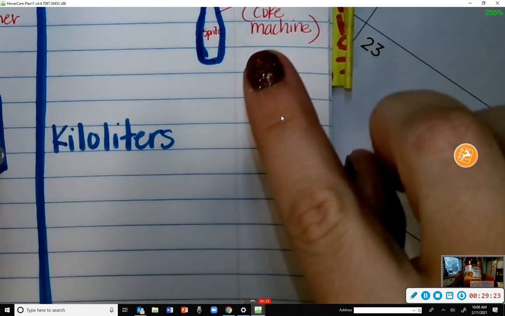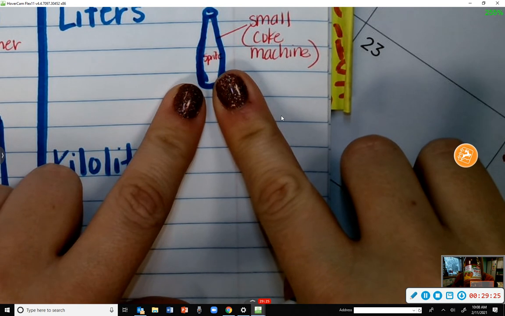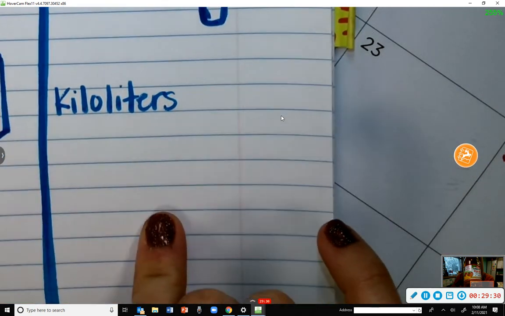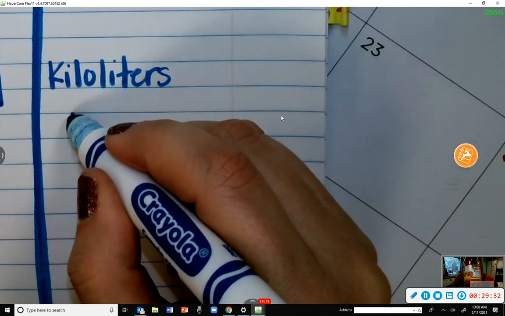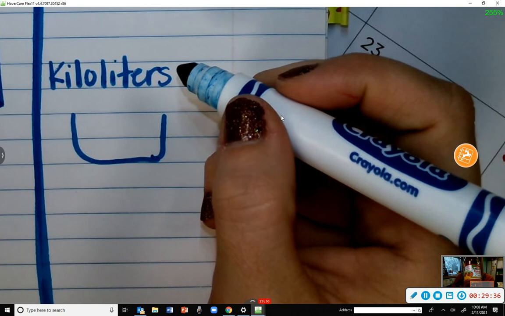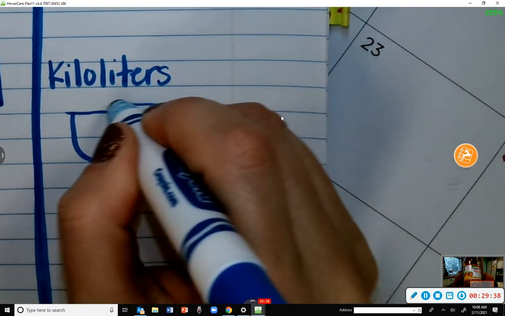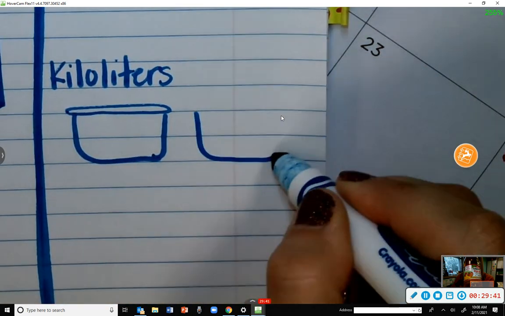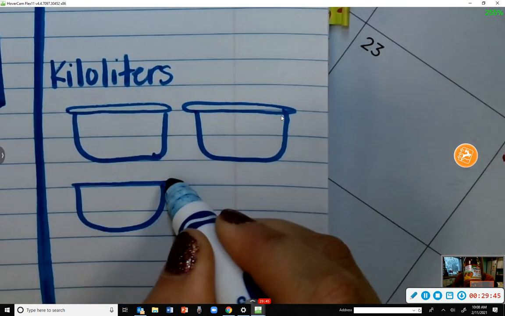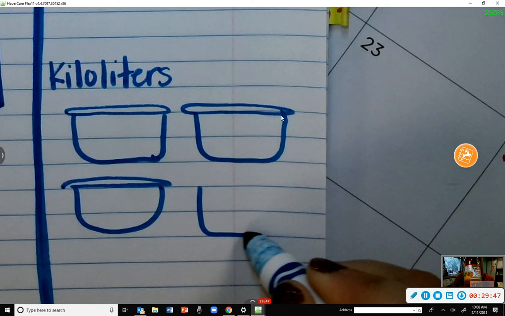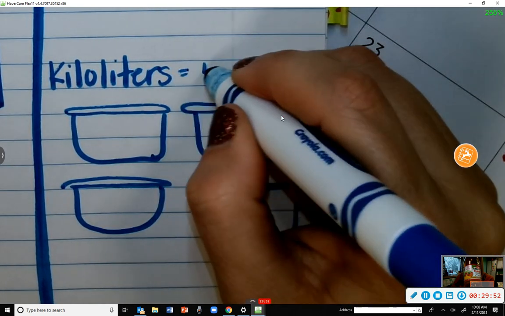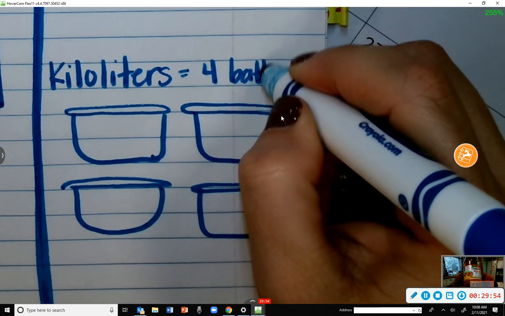So think of putting 1,000 of these Coke bottles in a bathtub. Okay, that's a lot. It would take about 4 bathtubs. 4 bathtubs? Yeah, isn't that crazy? Too bad there's not such thing as a billion liters. A billion liters? 4 bathtubs.